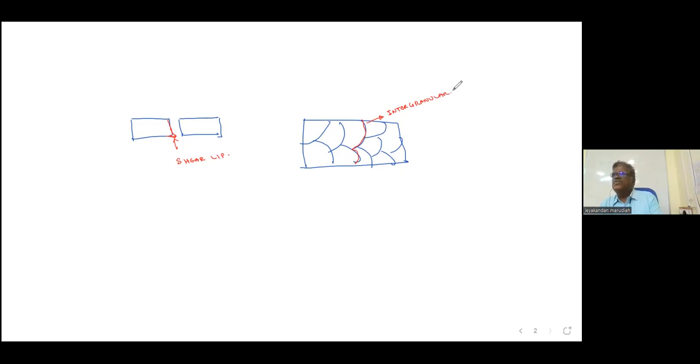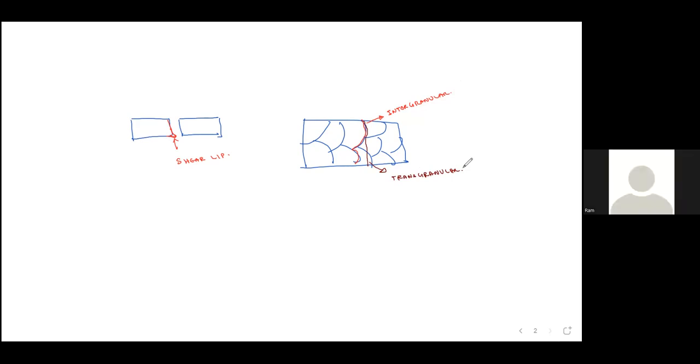If it is not following the grain boundary and goes straight through, then it is called transgranular. Now, by seeing this picture, tell me how the brittle fracture will be, intergranular or transgranular? Transgranular. It will generally be transgranular because it will go straight.